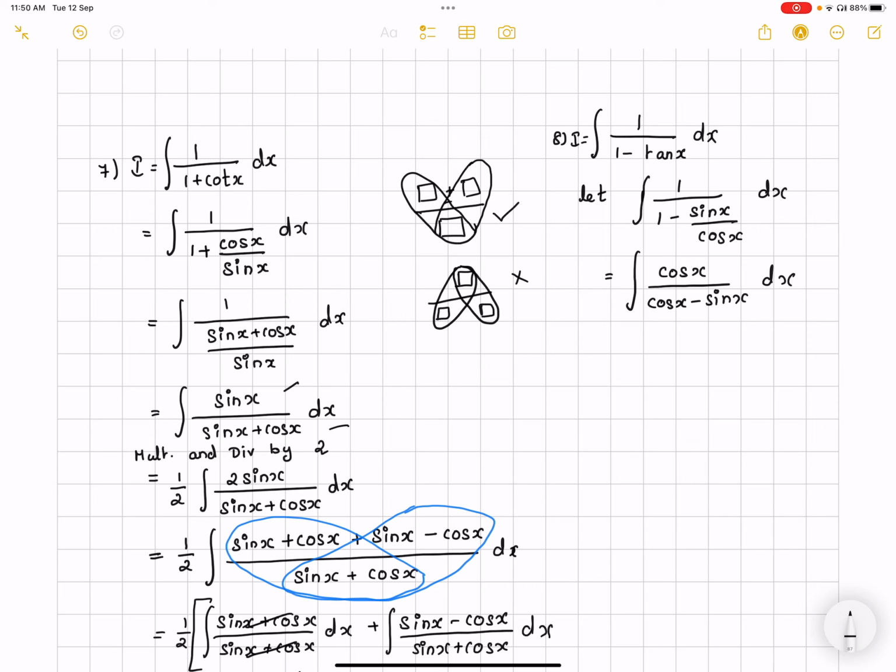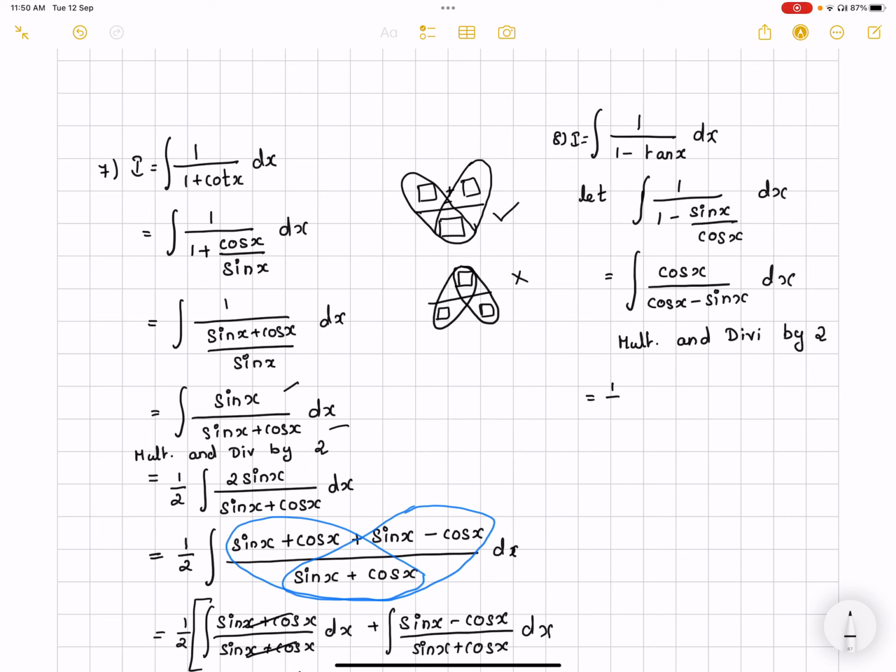We have two terms in our denominator and one term in our numerator, so cancellation is not possible. So what we would be doing, I need to make it similar to my denominator. So first I will multiply and divide by 2.